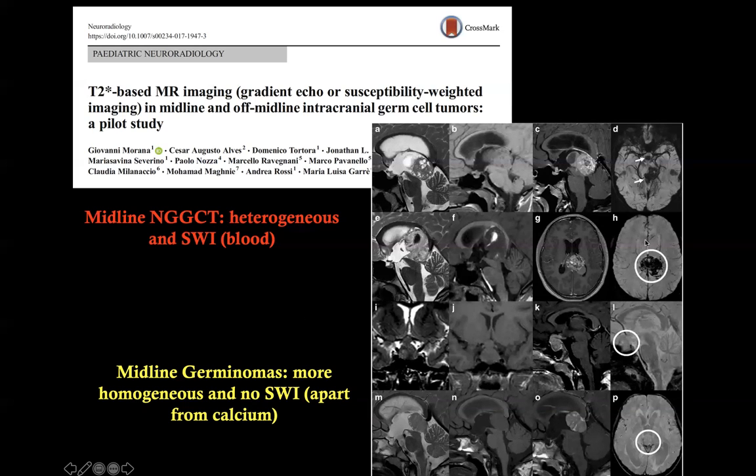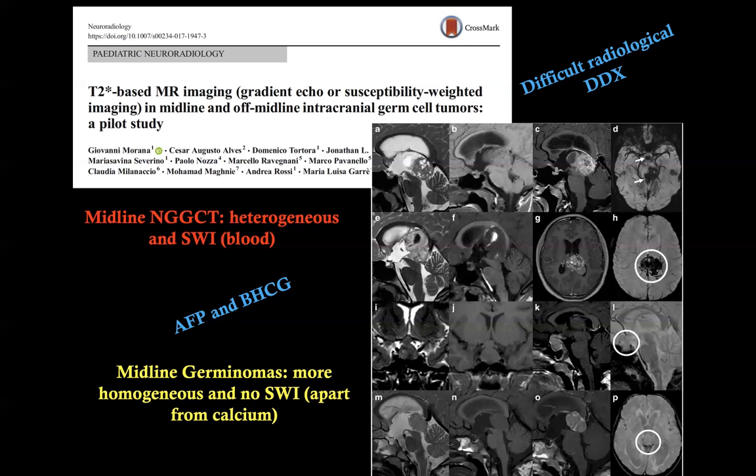So remember, the use of SWI is not well known, but this publication showed in this pilot study how important it is. Again, for the differential diagnosis, which can be difficult, but remember that you have also the lab, so alpha fetoprotein and BHCG, human gonadotropin, can help you.